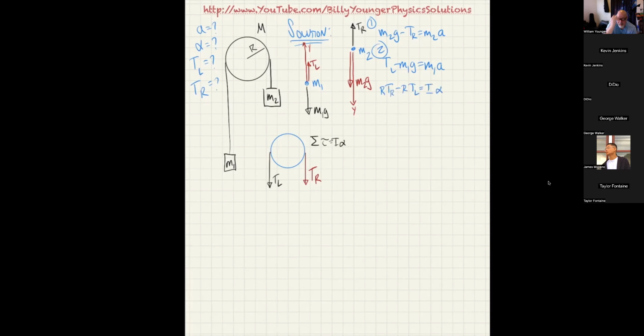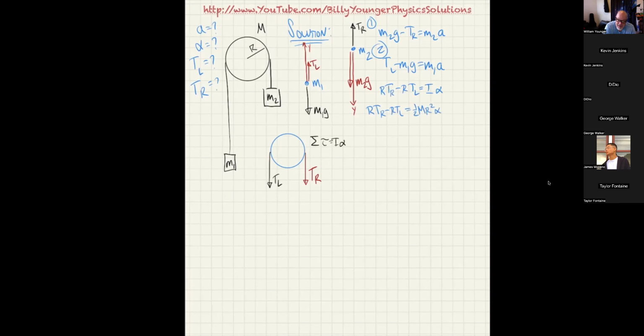I already know the moment of inertia for a cylinder, so I can write this as R T right minus R T left is equal to 1/2 M R squared times alpha.